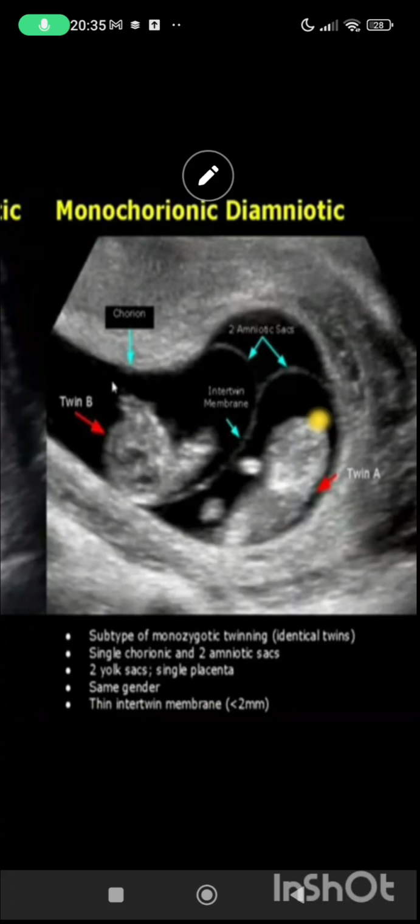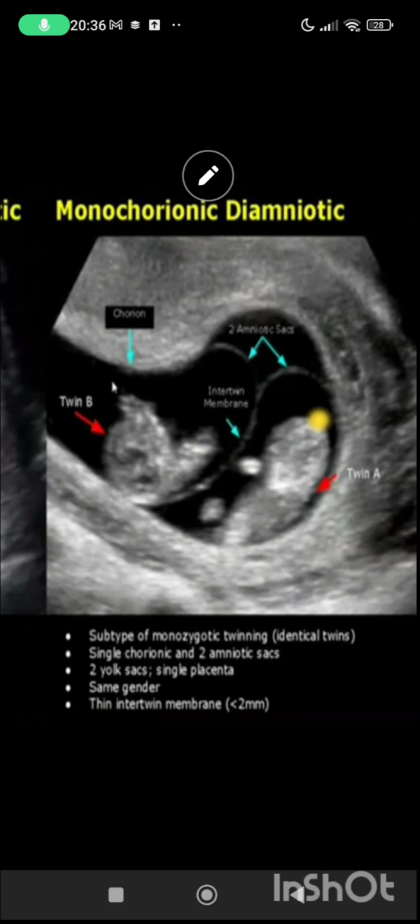One goes weak, one overheats. The same happens here in TAPS. And which Doppler value is very important in TAPS? Middle cerebral artery Doppler. And then further there is peak systolic velocity, which is important in TAPS.